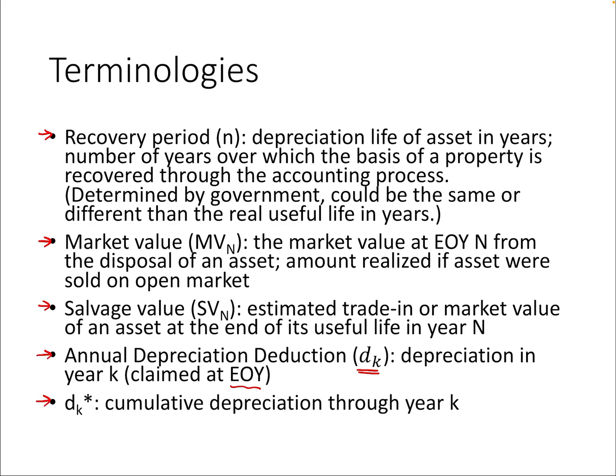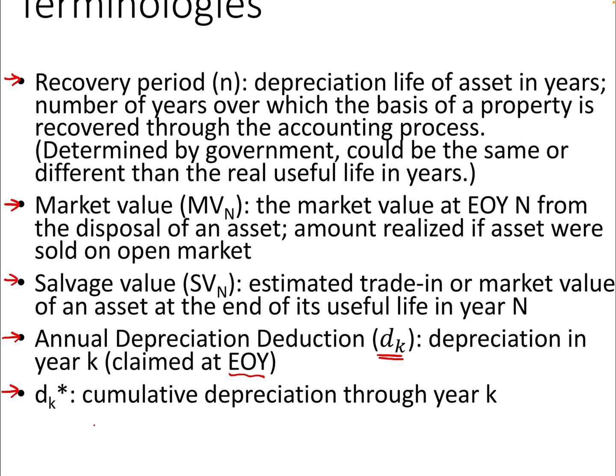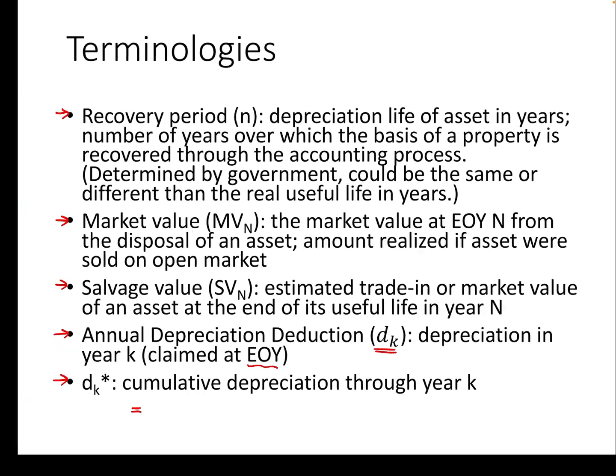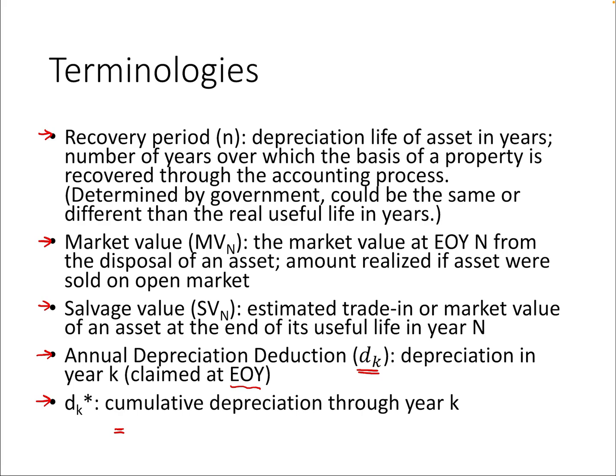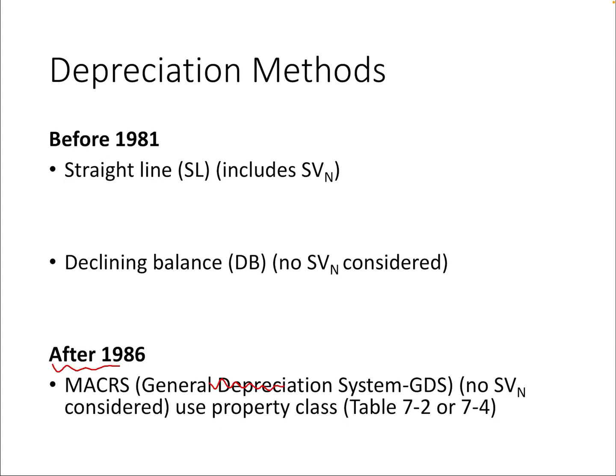And the cumulative depreciation through year K, which means from year 1 to year K. Okay, so it is the sum of all the depreciation deduction from year 1 until year K. You can also write it as this.